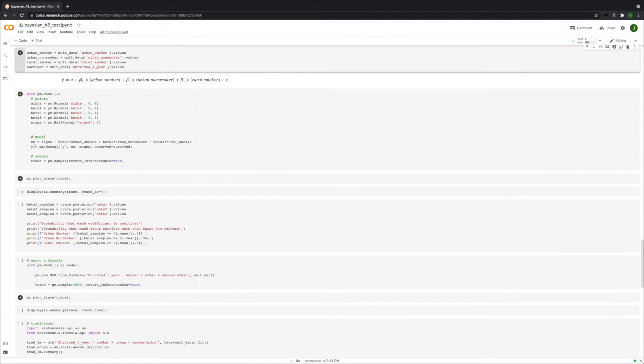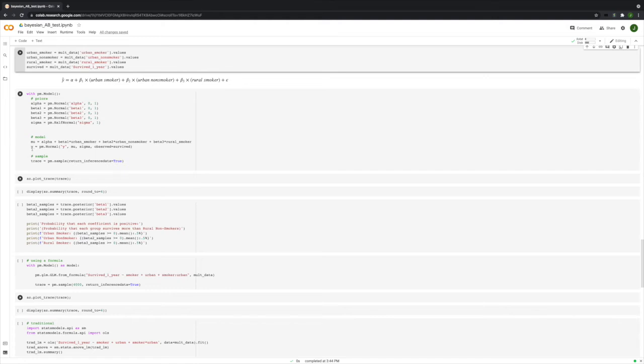The expected value for this regression is going to be you add up all of these things and just leave off the random epsilon bit at the end. So our mu is alpha plus beta 1 times urban smoker plus beta 2 times urban non-smoker plus beta 3 times rural smoker. Leave this bit off.